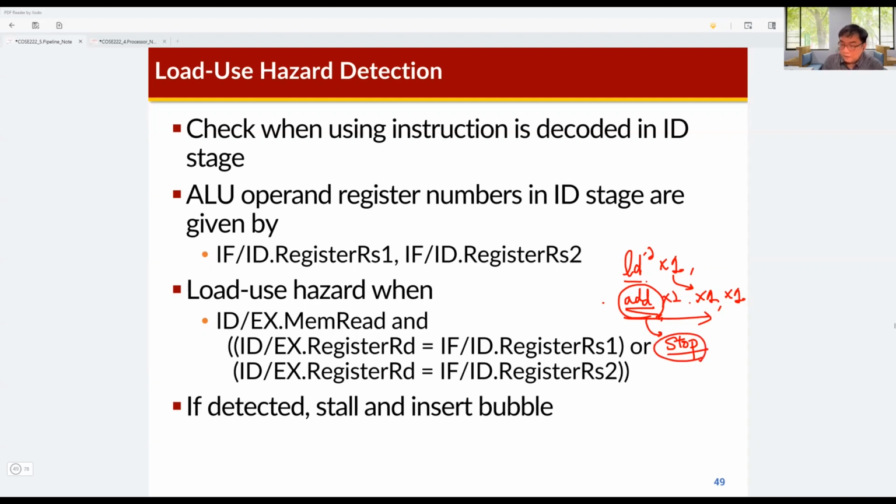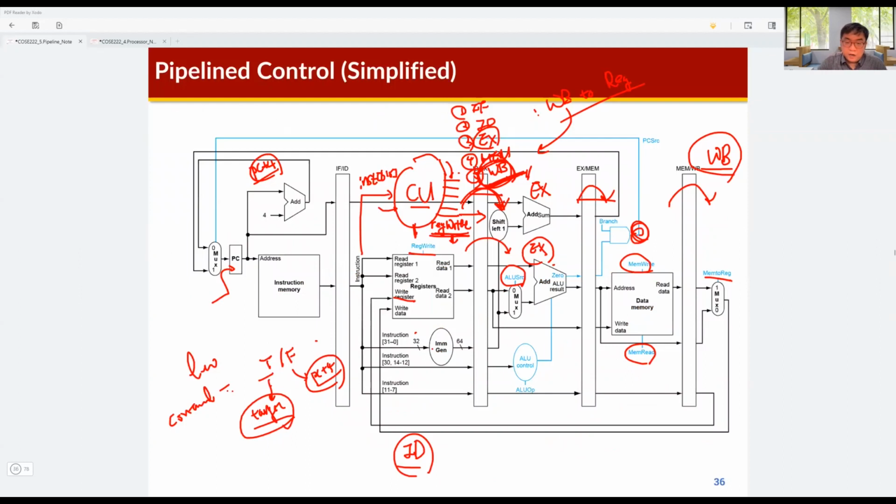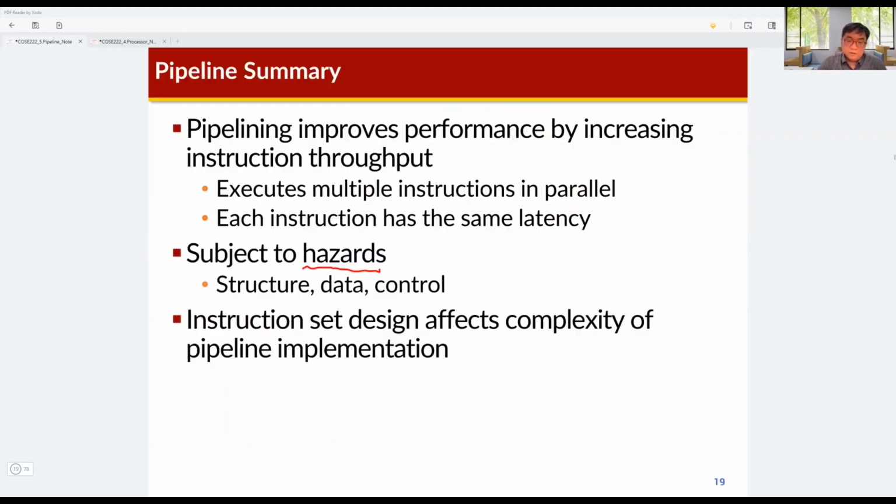This stop of the add instruction is called a pipeline stall. Okay. So in the previous class, we learned how to stall the following instructions.